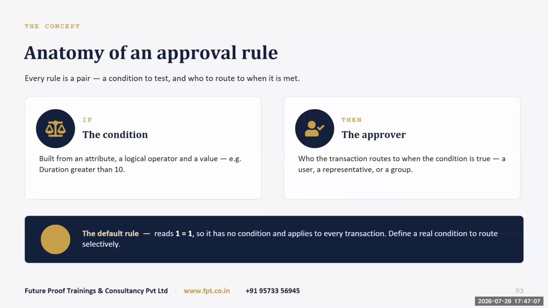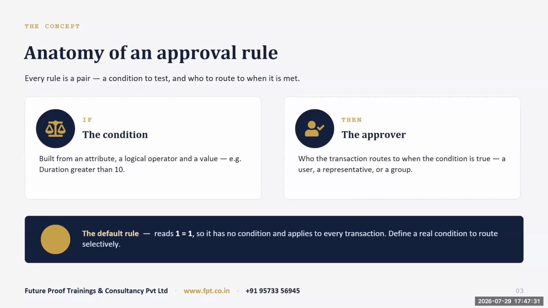If the employee is applying for 10 days or more, greater than or equal to 10, it should go for line manager approval. And once the line manager has approved, it has to go to the HR representative also to approve.